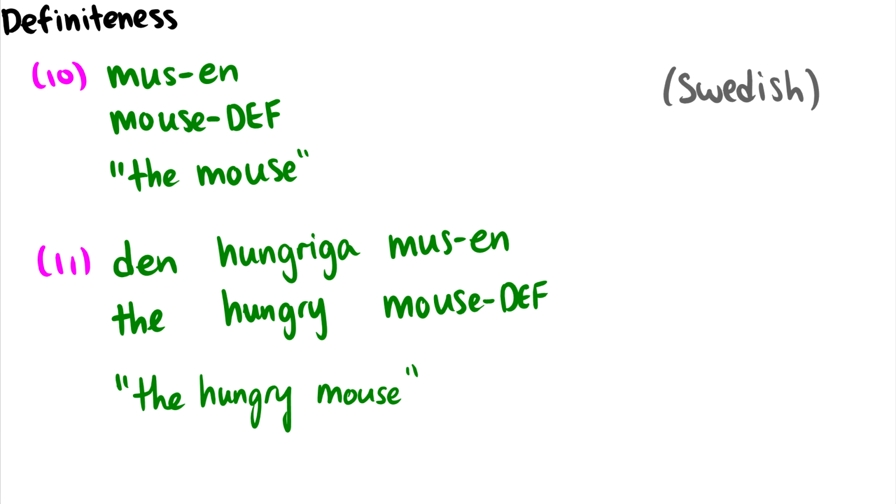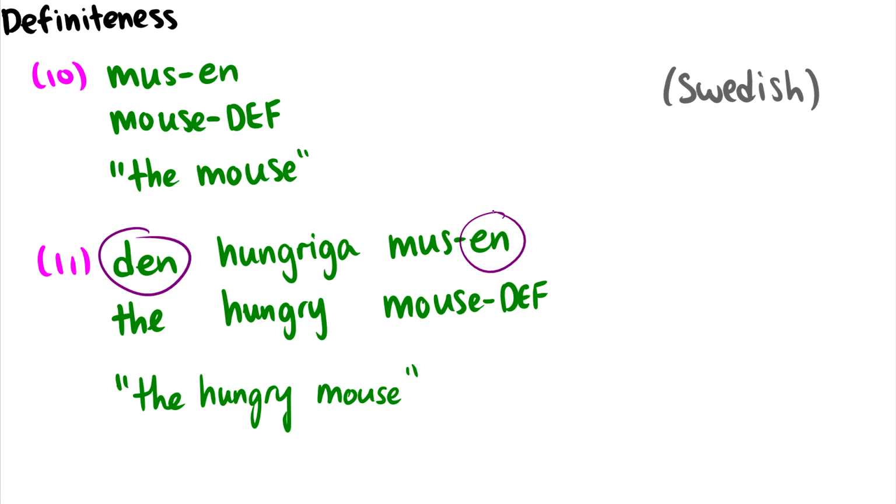So instead of saying the mouse, they just take the word for mouse and they attach a definite article, the, as morphology to the end of the word. So musen, that's the mouse. Now, in some cases, such as if you have an adjective, they do include the word for the as well, but they also include it on the noun.